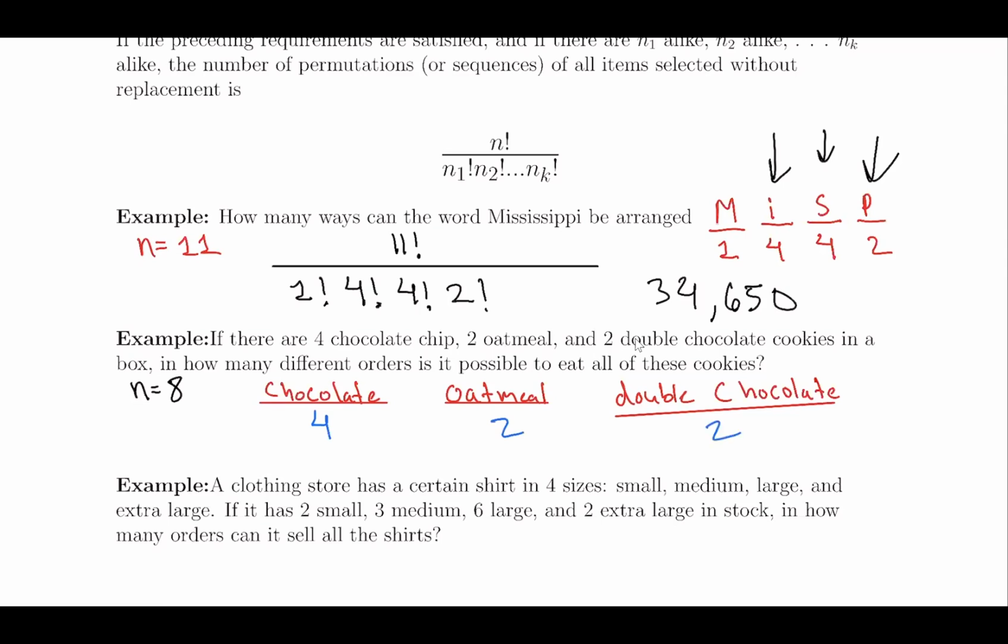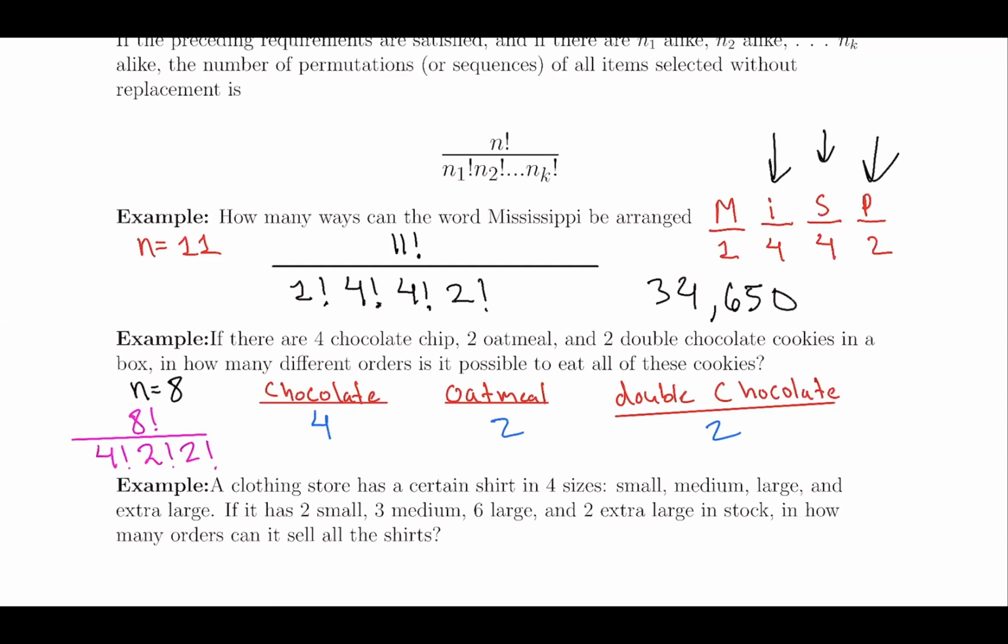So the way we'll write this, we'll say 8 factorial divided by 4 factorial times 2 factorial times 2 factorial. Everybody good with how I got 8 factorial divided by 4 factorial times 2 factorial times 2 factorial? Yes. Okay, so take a minute in your class calculator and try doing this.